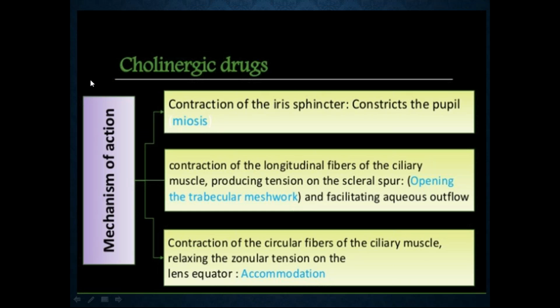Next, coming to the third group of drugs, the first one is the cholinergic drugs. The mechanism of action: it causes contraction of the iris sphincter, that is constriction of the pupil leading to miosis. The second is that it facilitates aqueous outflow through the trabecular meshwork.